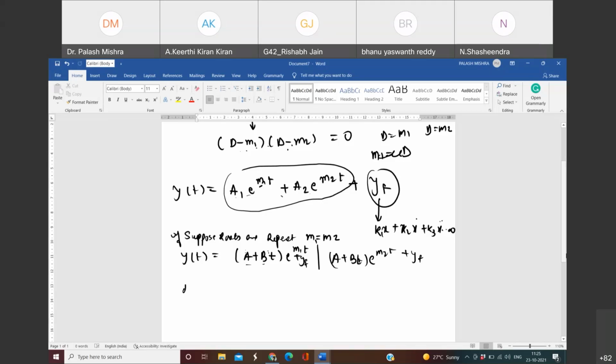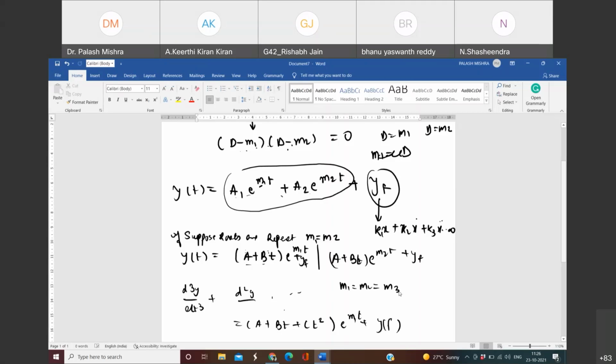Suppose you have a third order differential equation, d cubed y by dt cubed plus d squared y by dt squared and so on, and the characteristic equation roots come as m1 equals m2 equals m3, then your solution will be a plus bt plus c times t squared, times e to the power of m1t plus yf.